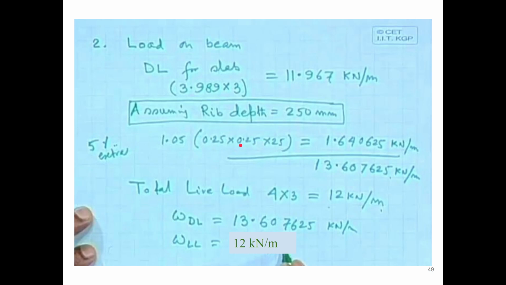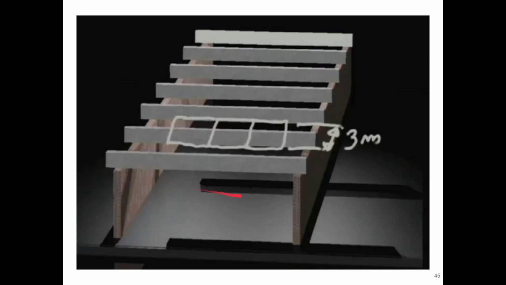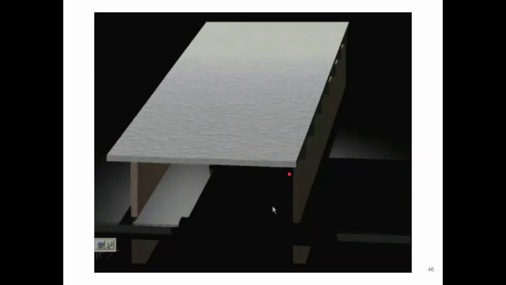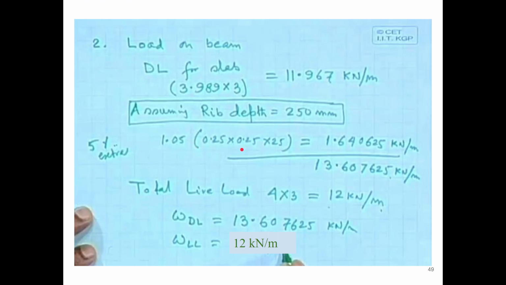And we have taken 5% extra, because you take into account all these extensions. They will never be center to center, it will be a little bit more. So 5% extra is 1.05 into 0.25 into 0.25 into 25, which is 1.640625 kilonewton per meter.